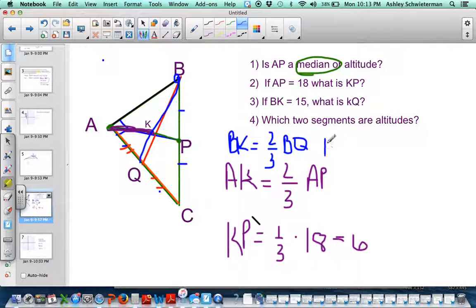So 15 is equal to 2/3 of BQ. Oh, sorry, I keep saying, yeah, BQ. Multiply by 3/2.